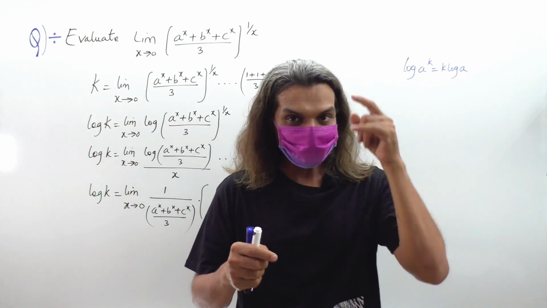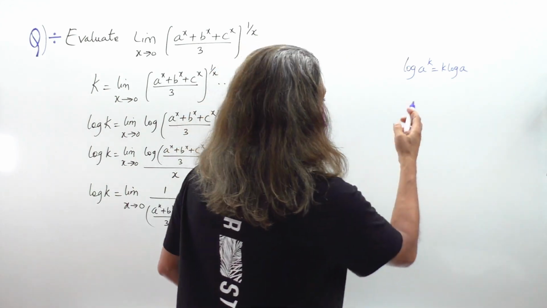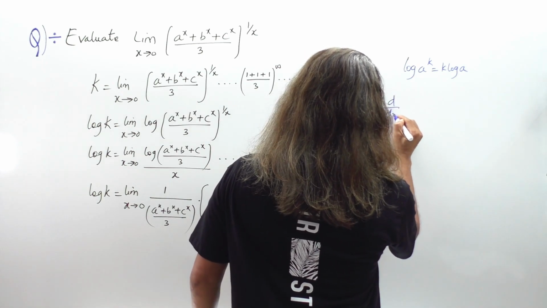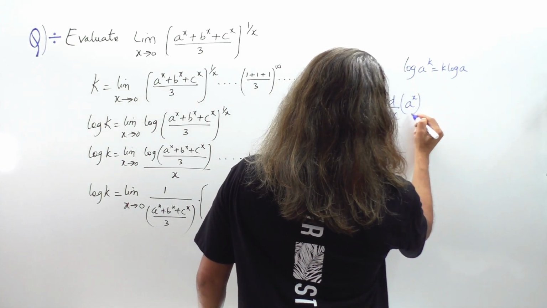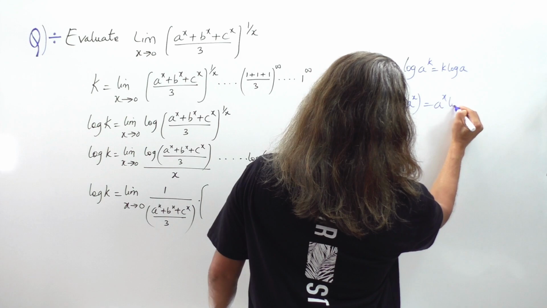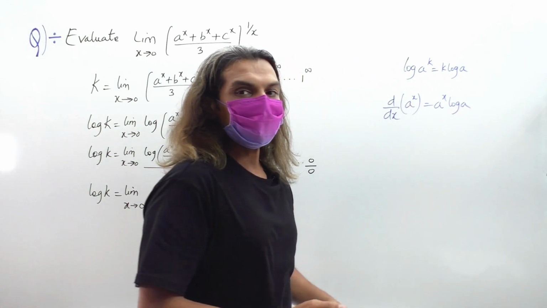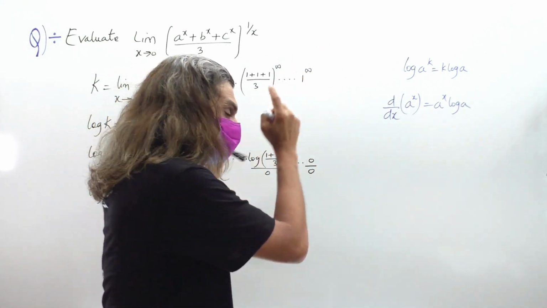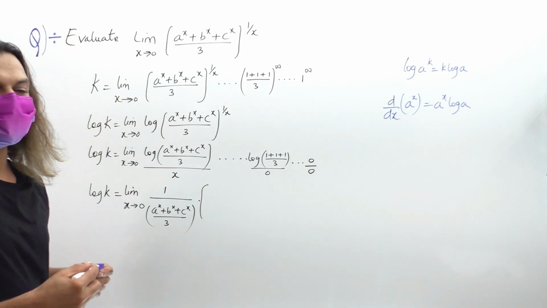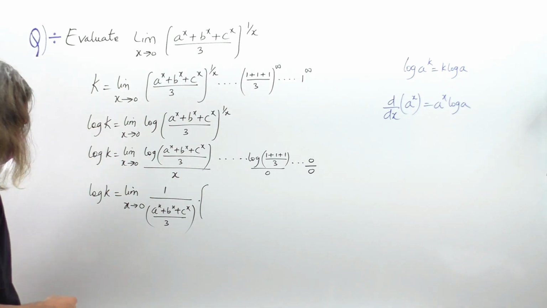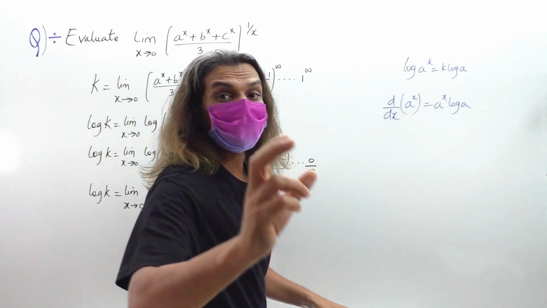If you recall, dy by dx of a raised to x is a raised to x log a. You need to remember this for this problem to get the marks. So differentiation of a raised to x is a raised to x log a.